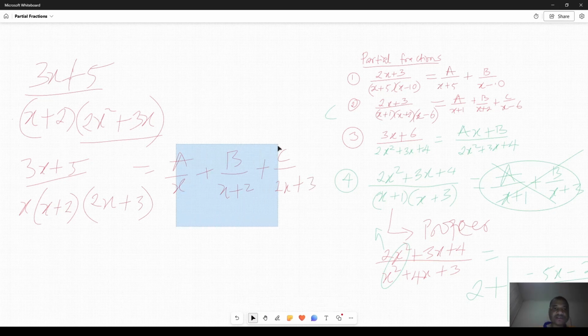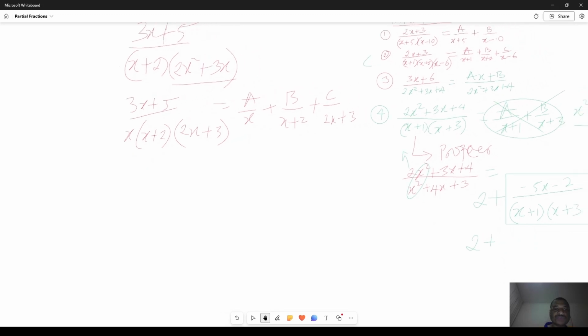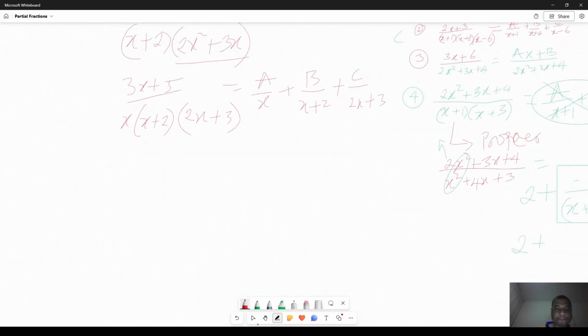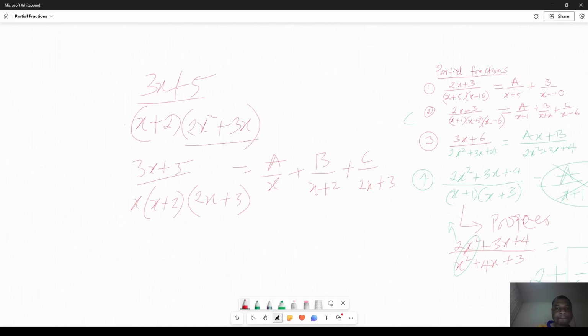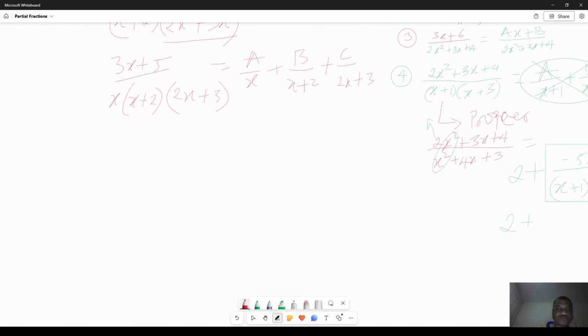Now imagine we cannot factorize. Let's say we can't factorize. What do we do? Let's say we have 3x plus 6 over 2x plus 1, then 3x squared plus 2x plus 4.